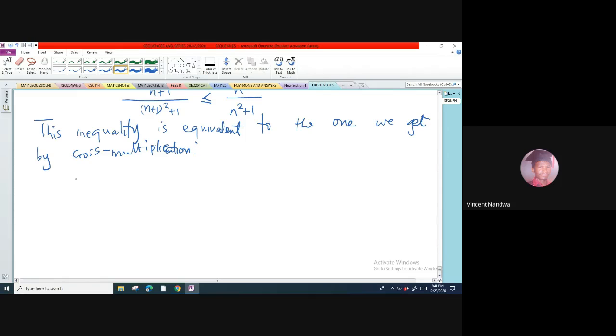So we have n plus 1 over n plus 1 squared plus 1 less than or equal to n over n squared plus 1, which is equivalent to n plus 1 times n squared plus 1 less than or equal to n times n plus 1 squared plus 1.